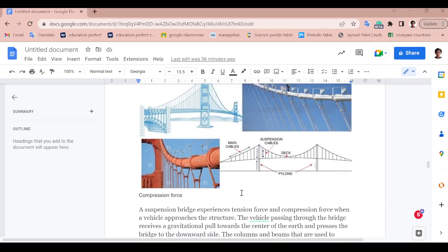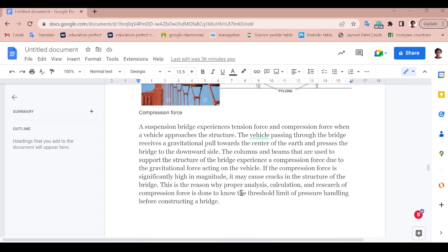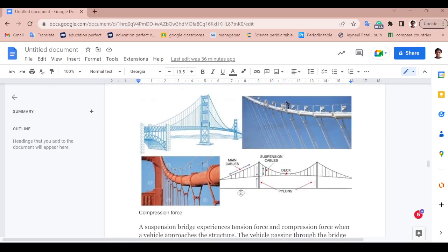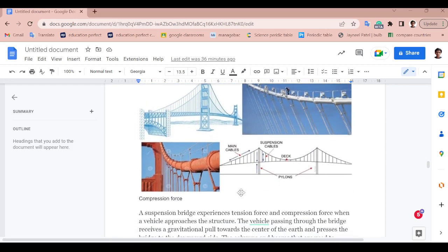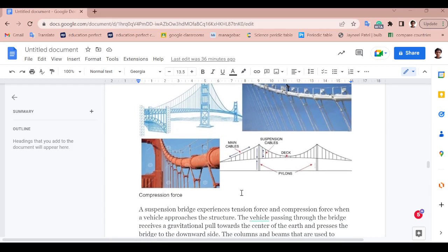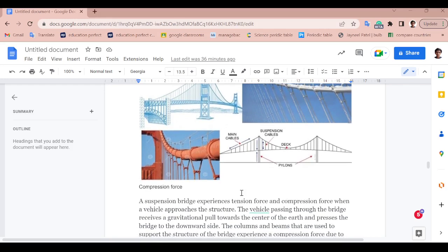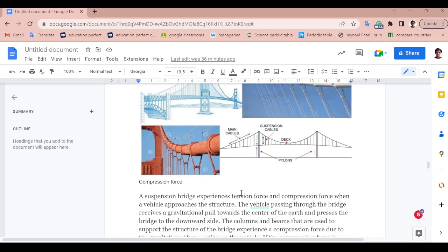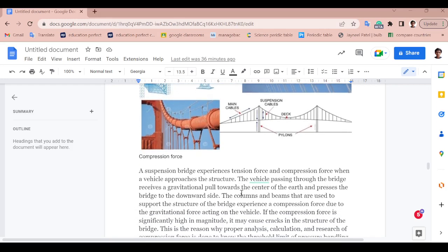Compression force. A suspension bridge experiences tension force and compression force when a vehicle approaches the structure. The vehicle passing through the bridge receives a gravitational pull towards the center of the earth and presses the bridge to the downward side.